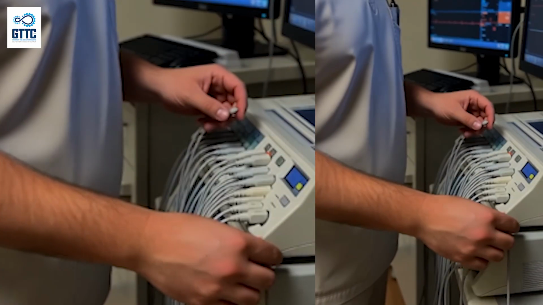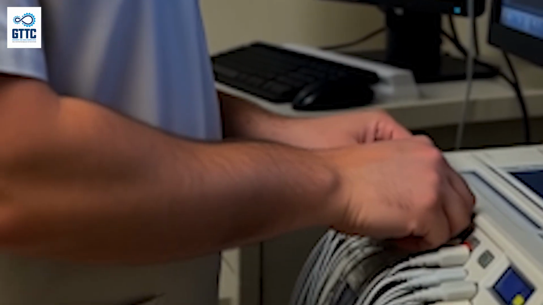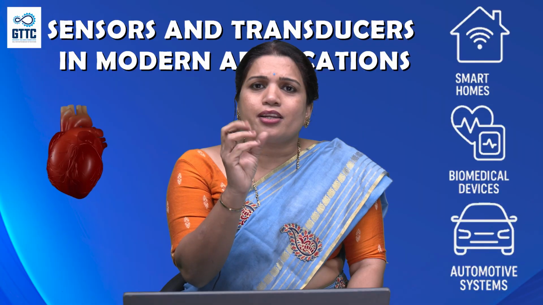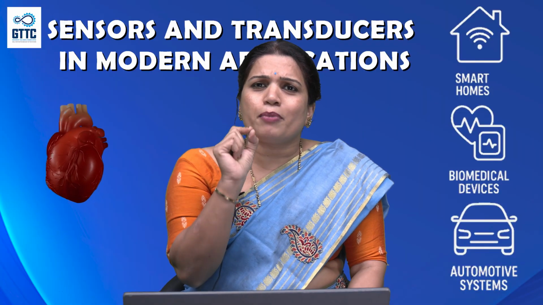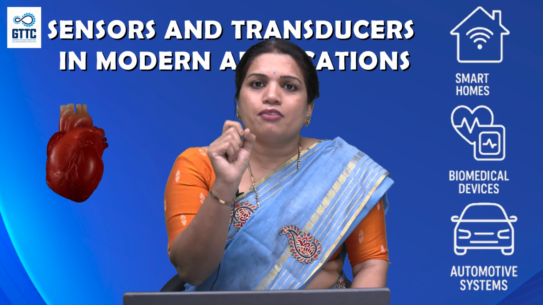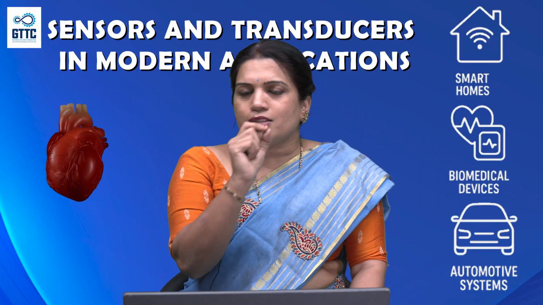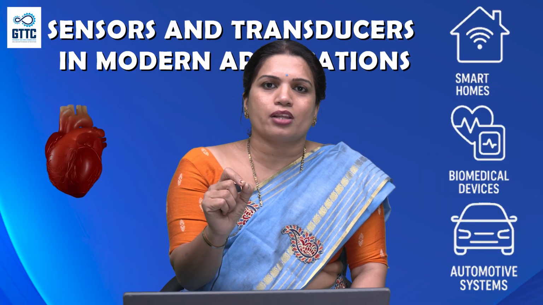ECG electrode, also called electrocardiogram sensors. We don't know what happens in our heart minute by minute. Our heart generates a bioelectrical signal, which is in the millivolts range, very small voltage.